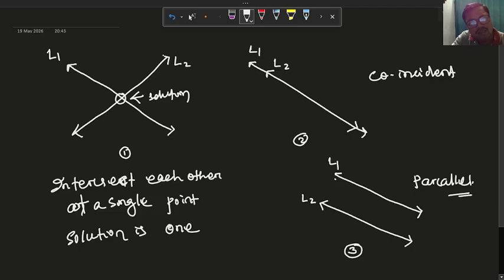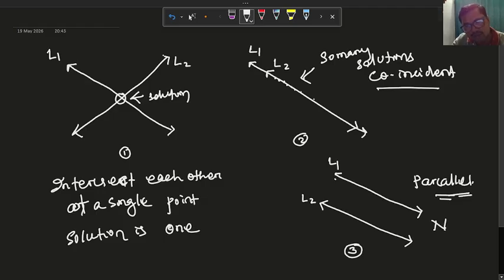Okay. If the two lines are coincident, then there are so many solutions, as there are so many common points. Okay. But if the two equations are parallel to each other, then what happens? There is no solution.